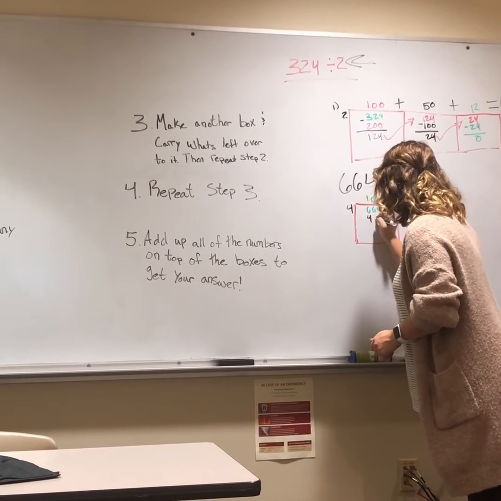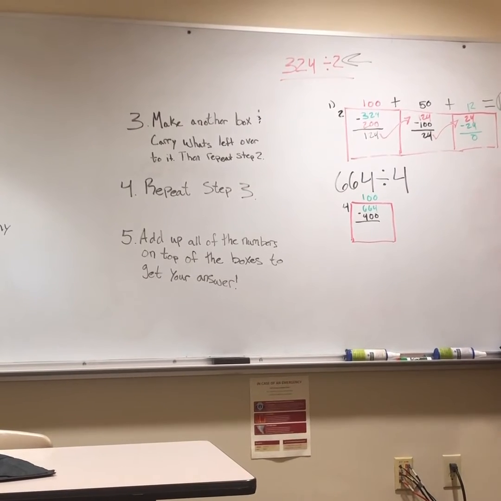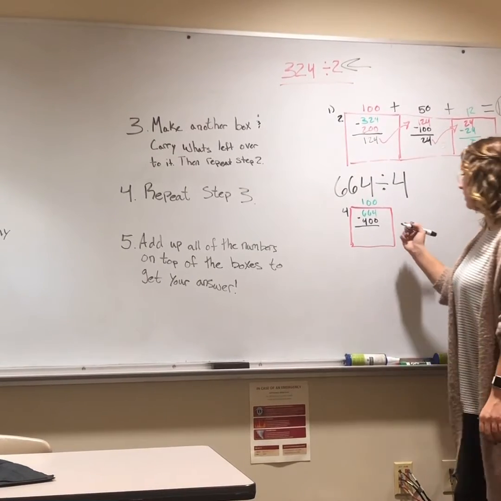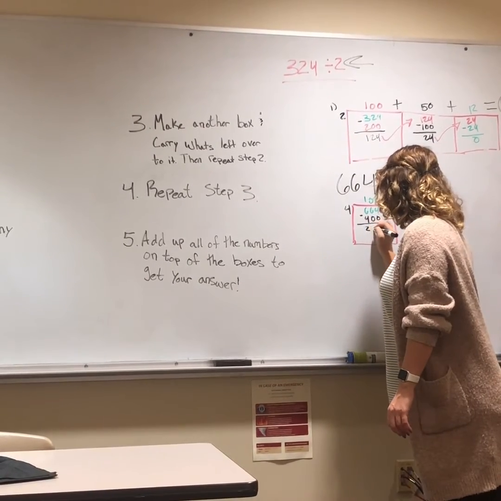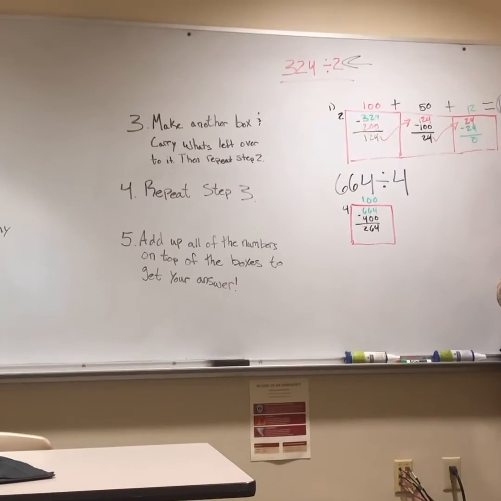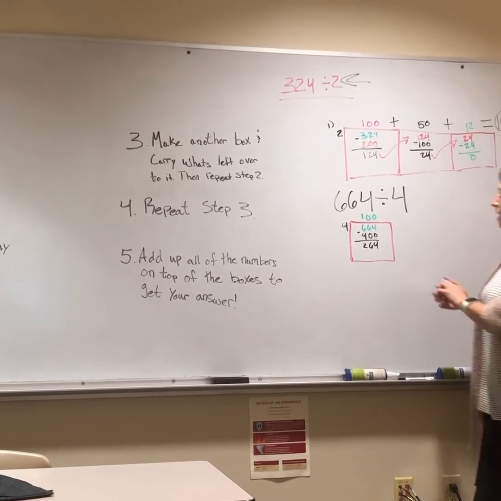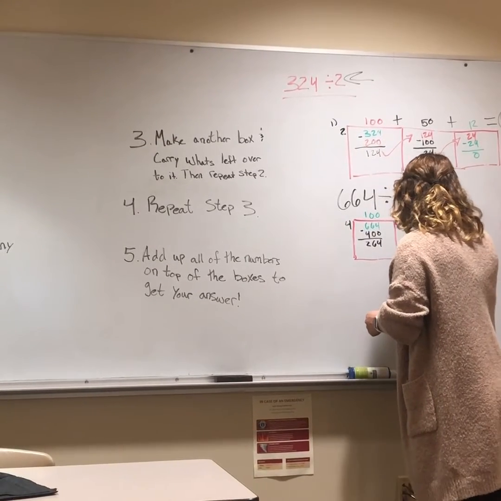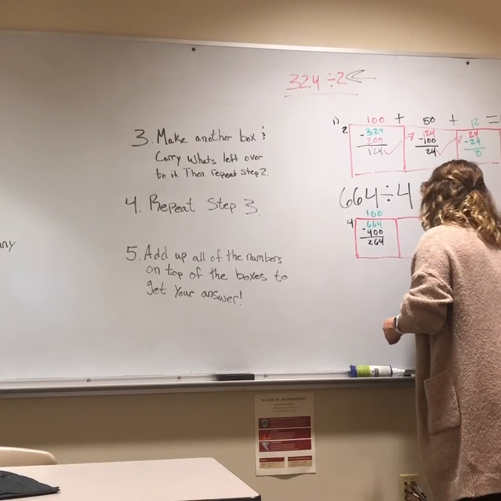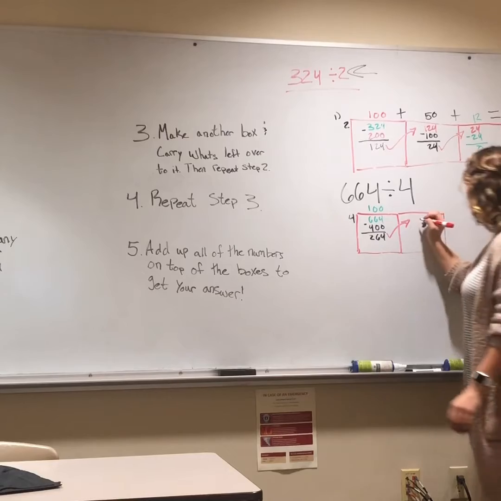And then subtract it out just like the typical algorithms do. So then you would get 264. Then you're going to go on to step 3, where you're making another box. And you're going to carry the 264 over to the top.